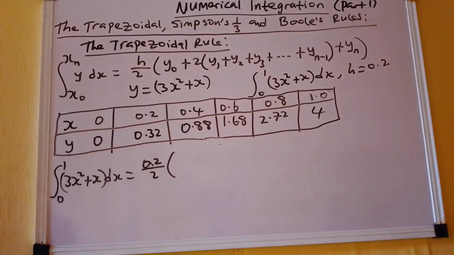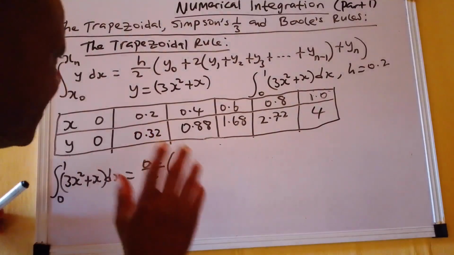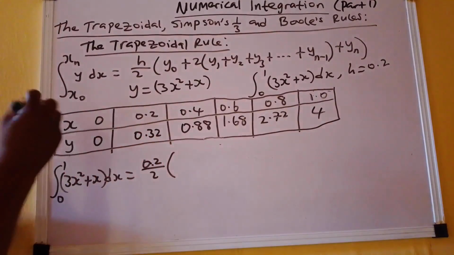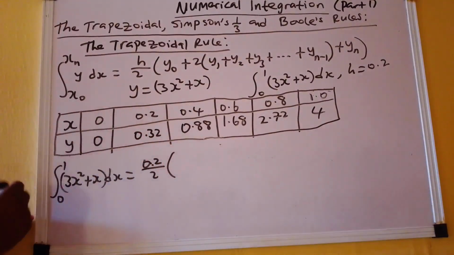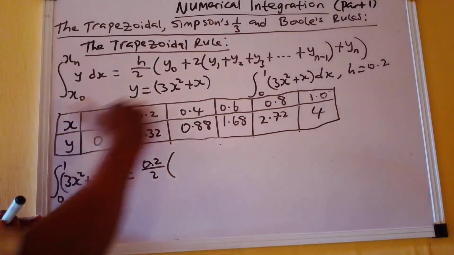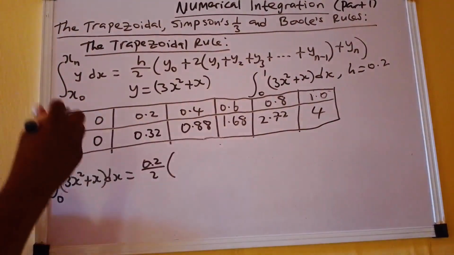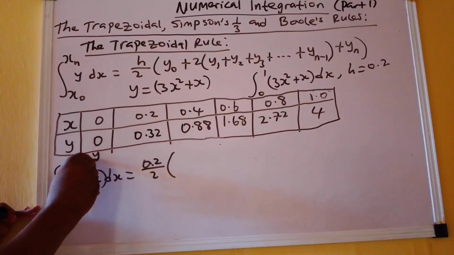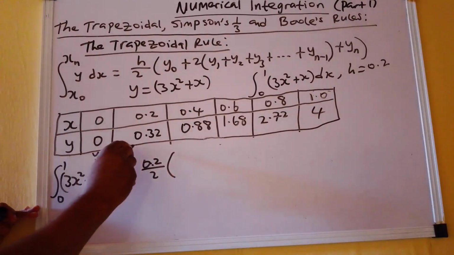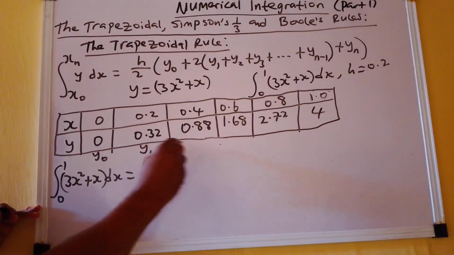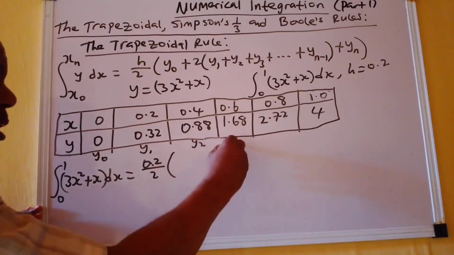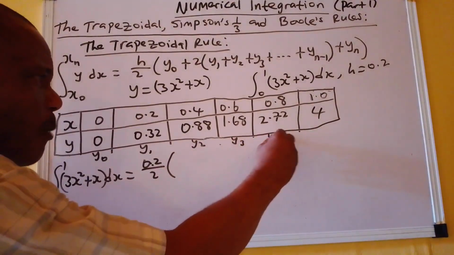Now listen. This thing is very easy to understand. If you look at it here, it is running from x0 to xn, and it's also running from y0 to yn. Permit me to label it. This is my y0, this is my y1, this is my y2, this is my y3, this is my y4.